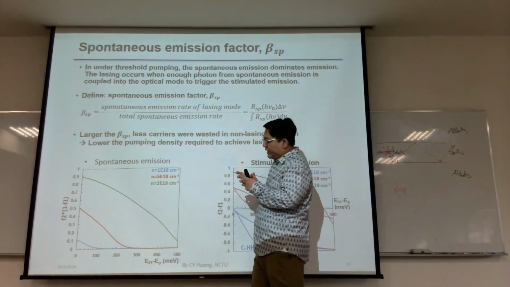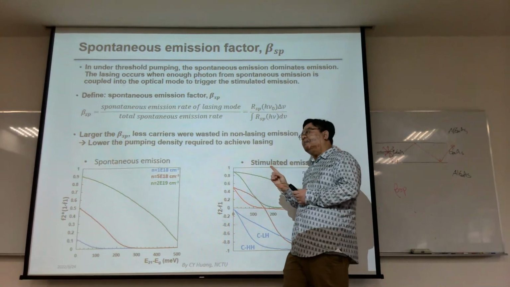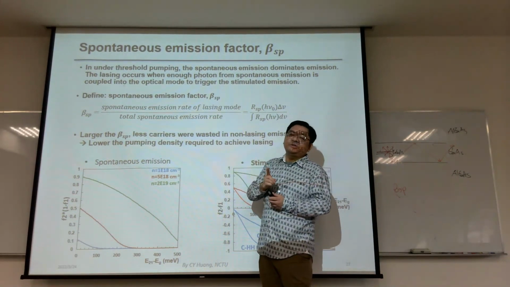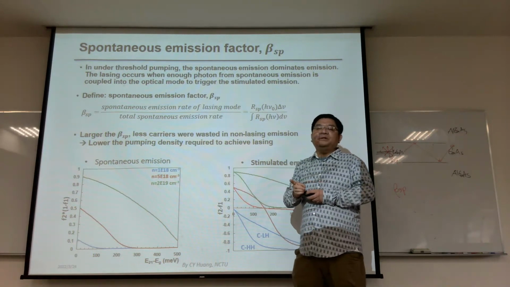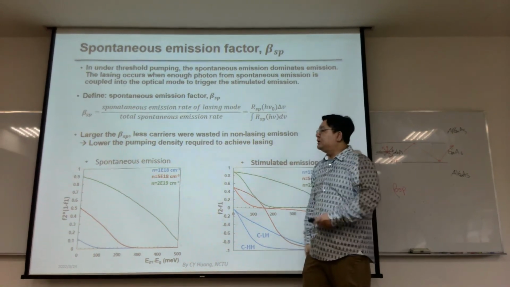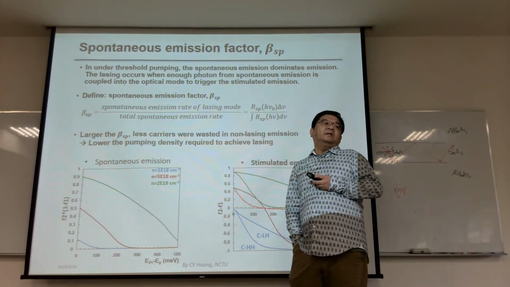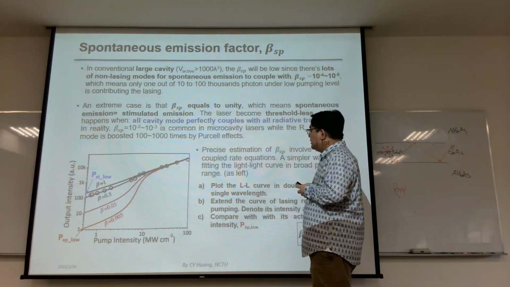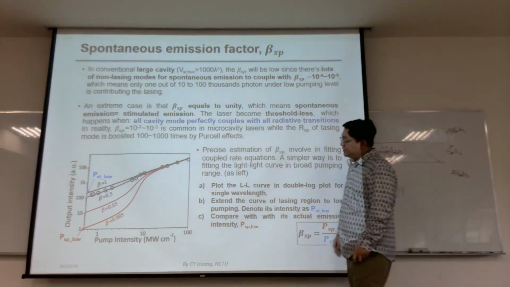They will make a small cavity which has only one mode, and that one mode also matches the lasing mode. So there will be no difference between the spontaneous emission and the stimulated emission.